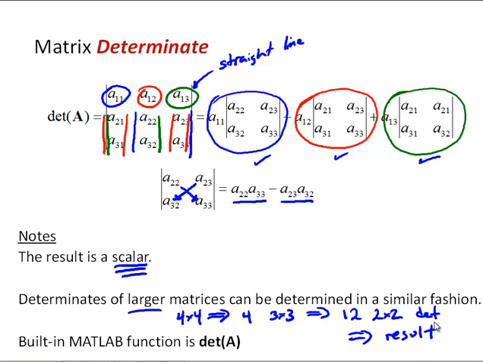As you can see, for a larger matrix that can quickly become very tedious. Luckily, MATLAB has a built-in function to calculate determinants. It's a fairly straightforward arithmetic algorithm, and it's in the function det.